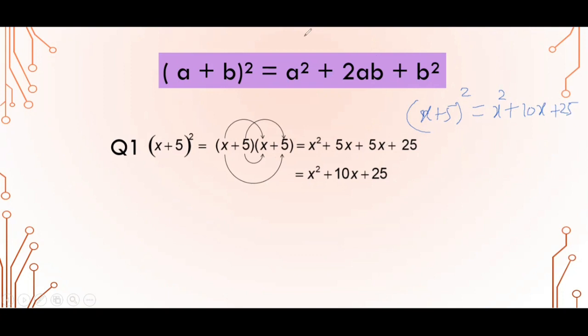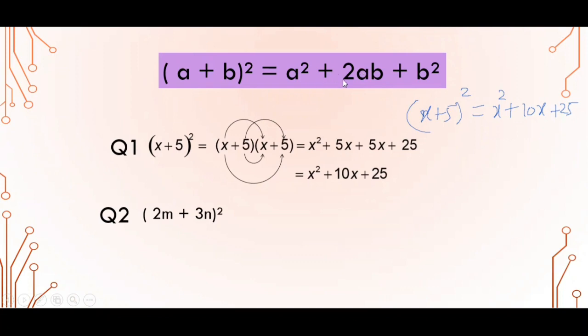Okay, so let us take one more question and we will solve this with the help of the identity now. A plus b the whole square is equal to a square plus 2ab plus b square. So now 2m plus 3n the whole square, right? Compare, your 2m is nothing but a and your 3n is in place of b.